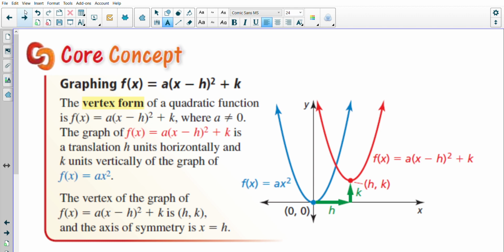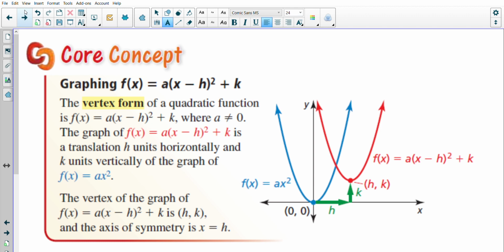Now the vertex of our graph is at the point (h, k). And if you remember, we were sliding things around in our last class. But in vertex form, we can see exactly how much to slide it. We couldn't see that when it was in standard form. So we go to the right h units and up k units.